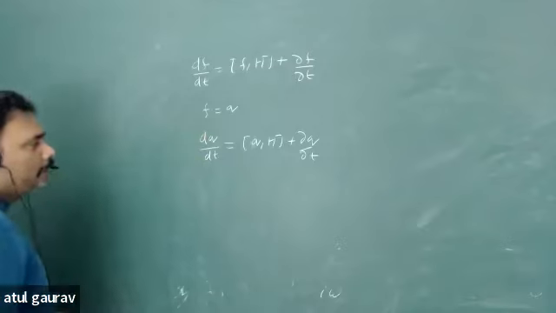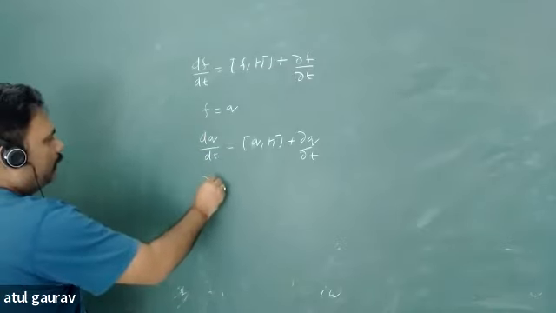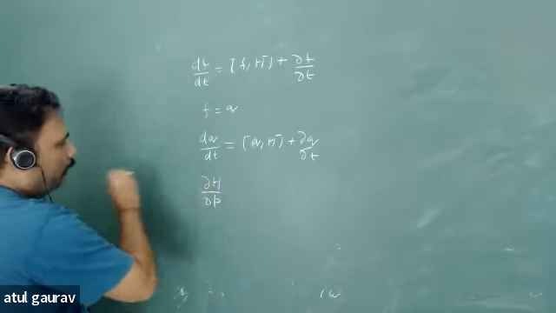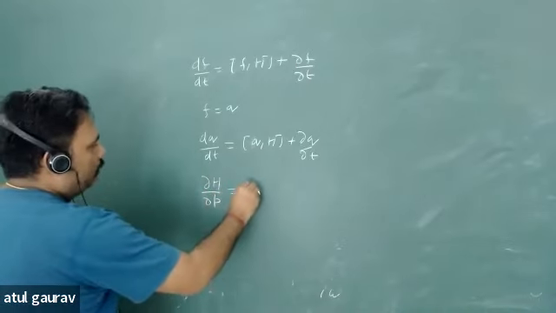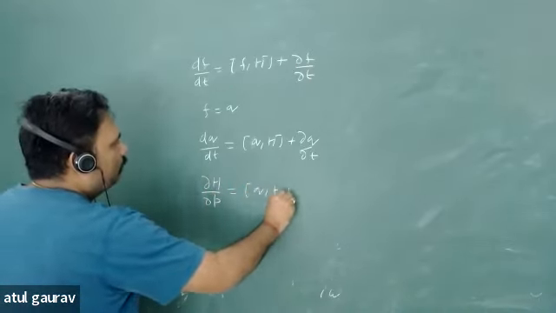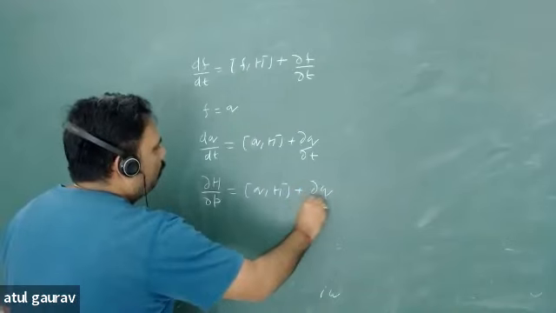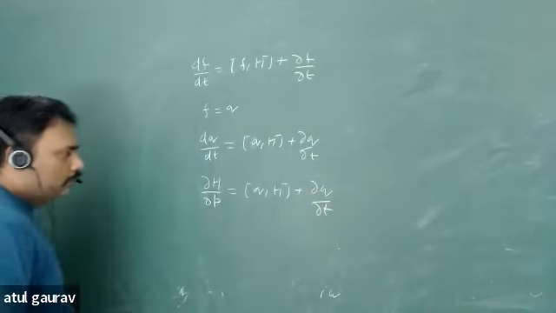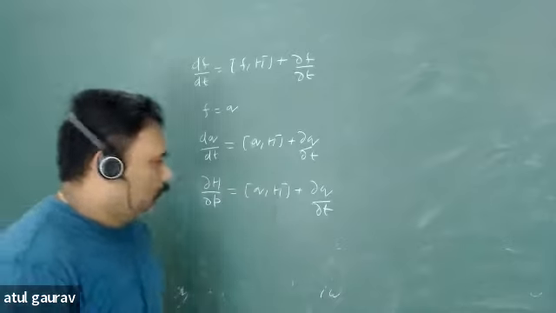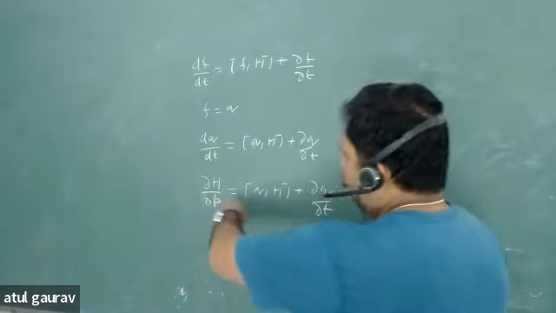And what is dq/dt? It can be written as ∂H/∂p, and this will be {q, H} + ∂q/∂t. So this is nothing but the equation of motion, isn't it?